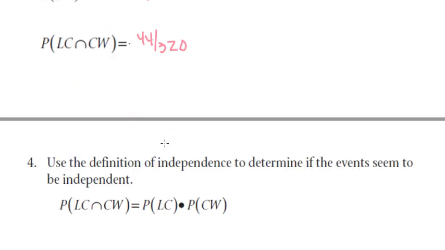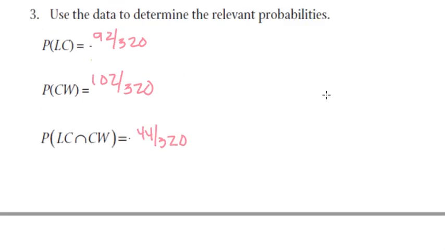So basically, what I'm trying to determine now is whether or not these are independent or dependent. So I'm going to give some decimal equivalents to these as we're working. So we're going to make our probability of the club 0.2875 because I want to be pretty specific and I'm multiplying small values.